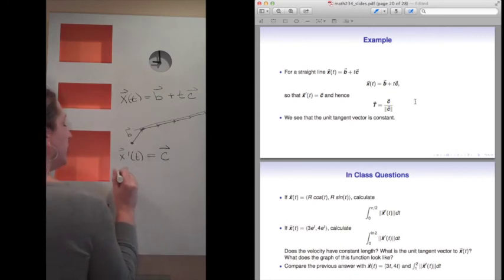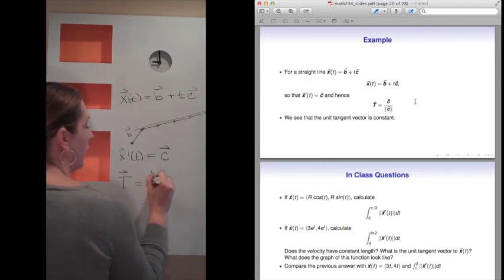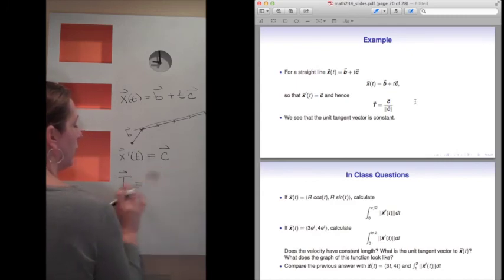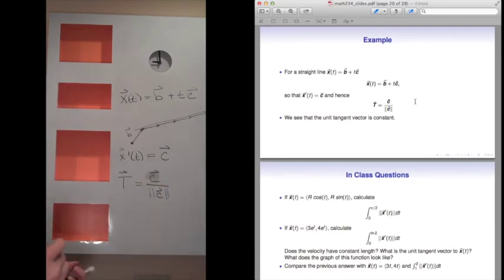So our unit tangent, in this case, assuming c is not 0, will be c divided by its length. This is not a difficult calculation once you understand how to do it, and all the cases will basically be the same. Take the time derivative, then divide by its length, and I have the arc length derivative.